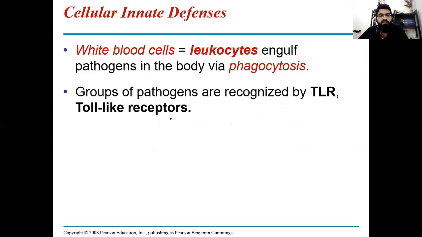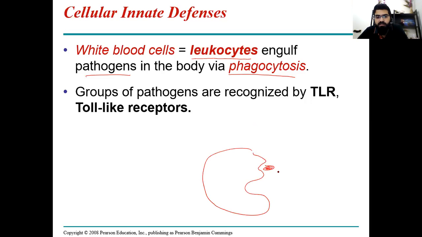Cellular innate defense uses white blood cells, or leukocytes, which engulf pathogens in the body via phagocytosis. We explained last time that if there's a bacteria, the white blood cell engulfs this bacteria to the inside as a vesicle containing the bacteria.